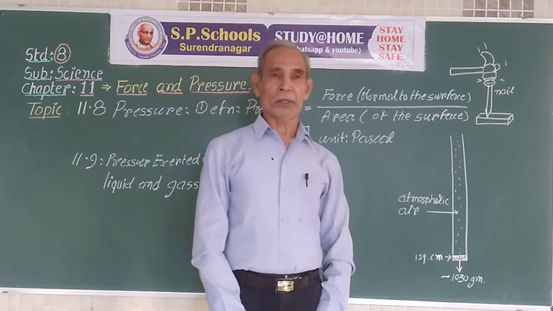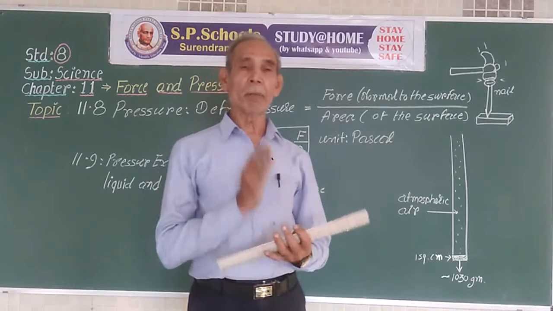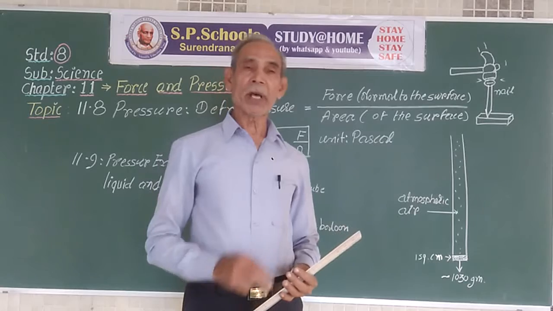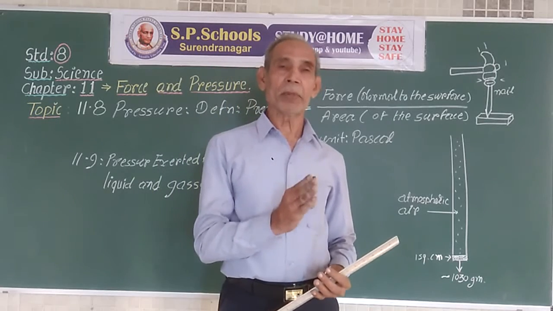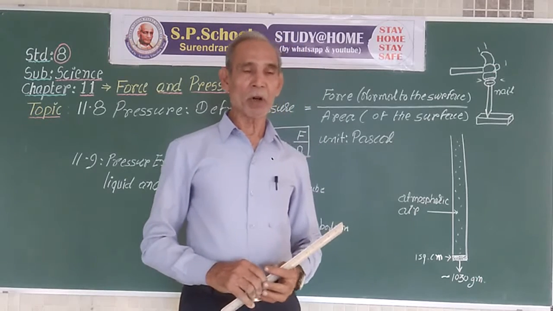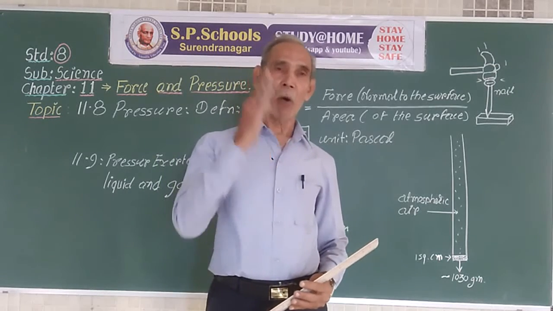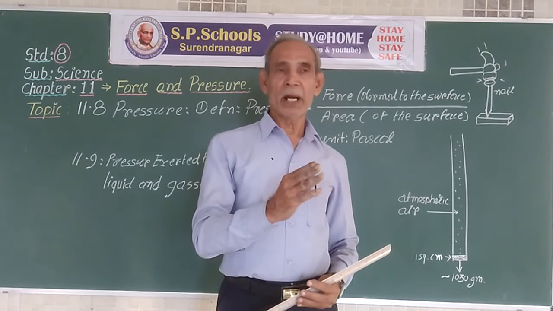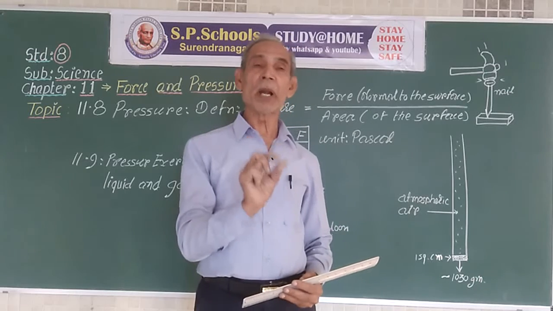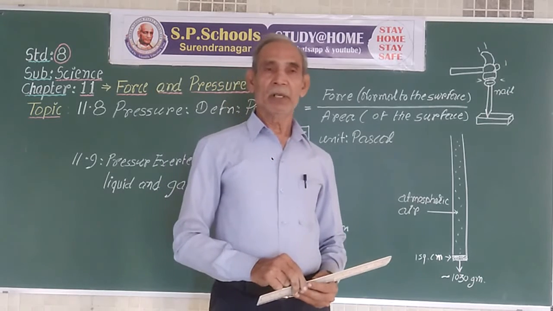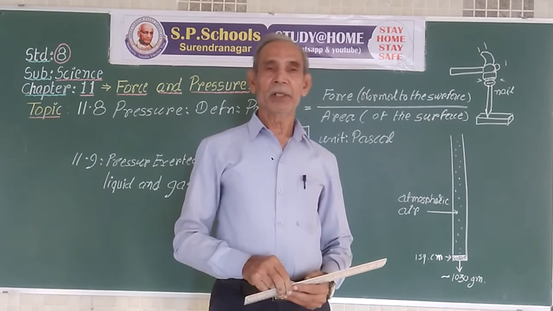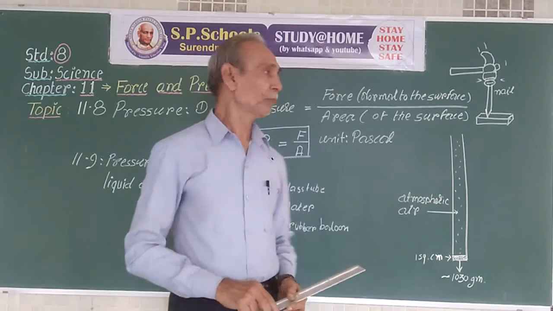Suppose you want to cut a wooden block with a blunt axe, it will be difficult. But suppose the axe is very sharp edged, it will be easy to cut. This is because the force of the blow of the axe acts on a large part in the blunt edge compared to a very small part in the sharp edge.